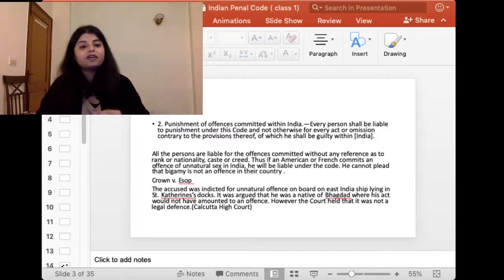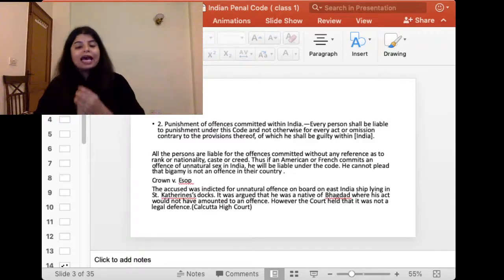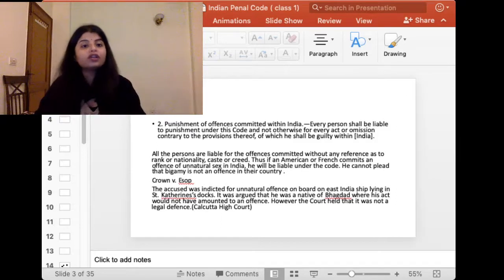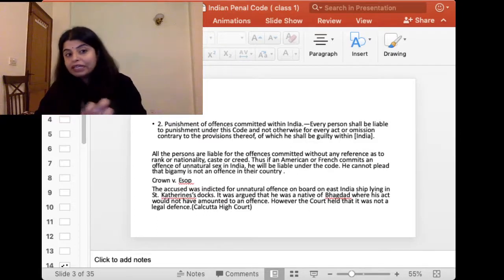When we see the first section here, Section 2, it talks about punishment of offences committed within India. And it states that every person, if he is found on the soil of India and if he commits any offence here, he shall be liable in India under this code. But this is not complete what it says.